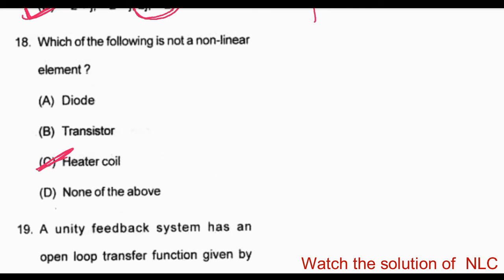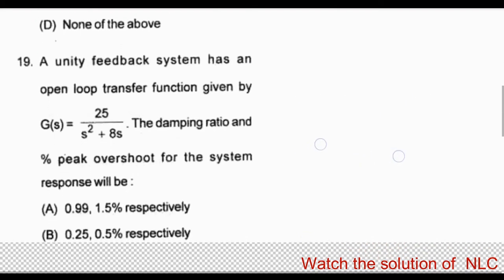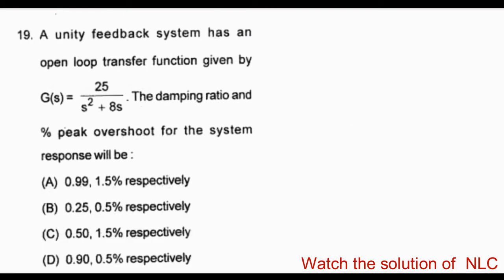Next question is, a unit feedback system has open loop transfer function given by G(s) equal to 25 by s square plus 8s. Damping ratio and percentage peak overshoot for the system response will be. So here G(s) is given, so what will be the characteristic equation?